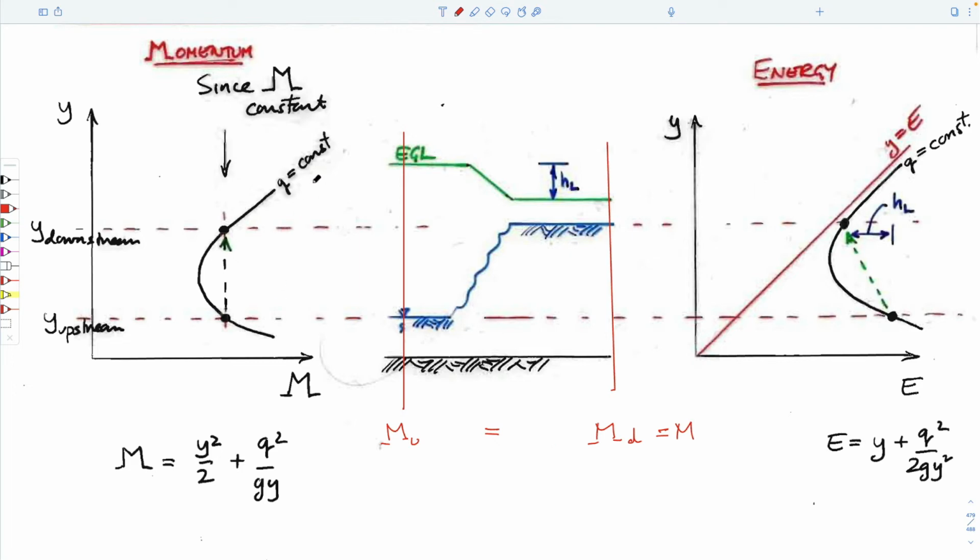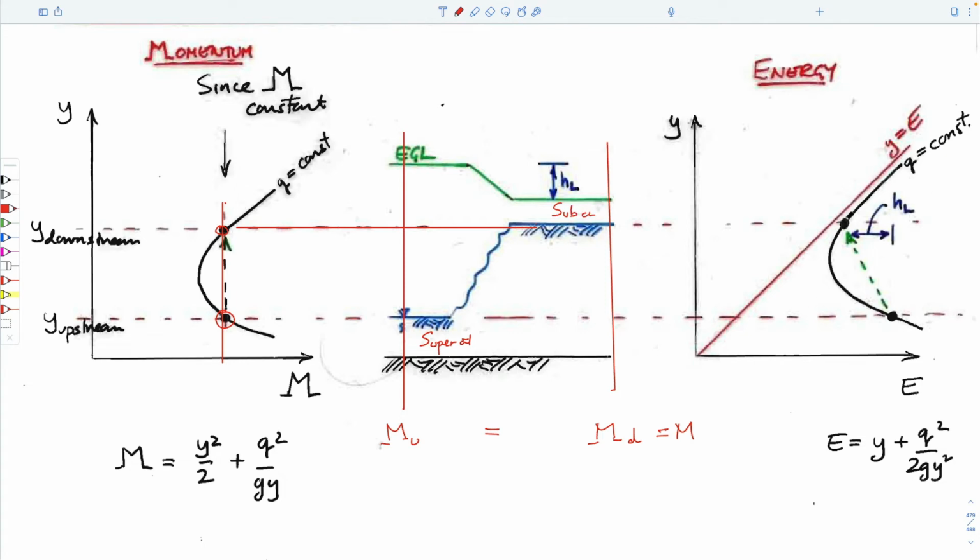And so on this diagram, for constant flow rate per unit width, we can directly go up on this graph. And if we know what the behavior is upstream, which is supercritical, then by definition we know exactly what the behavior is downstream, which has to be, in this case, subcritical.